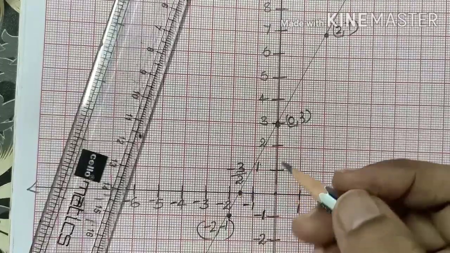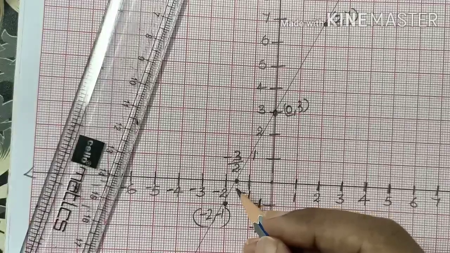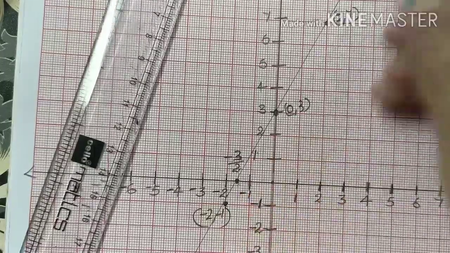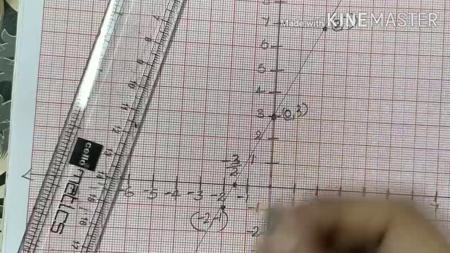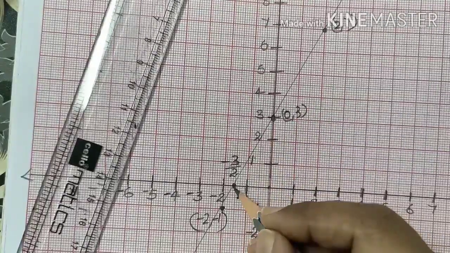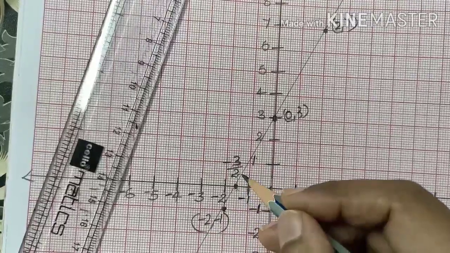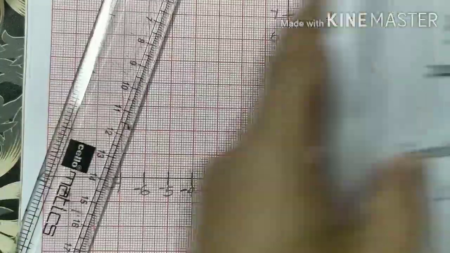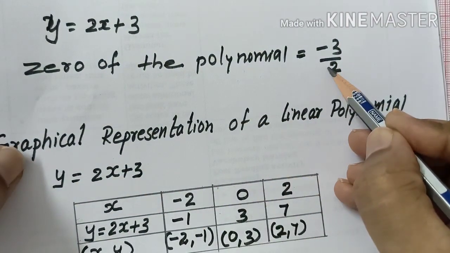So, the value of x where this graph, a straight line graph, crosses the x-axis is minus 3 by 2. But already you have learned that minus 3 by 2 is a 0 of the polynomial.